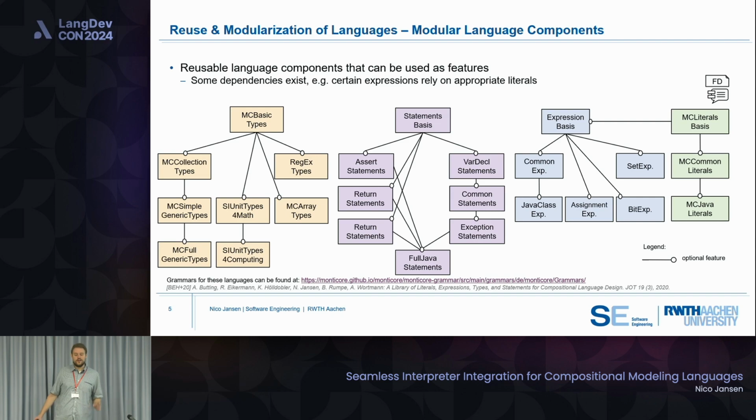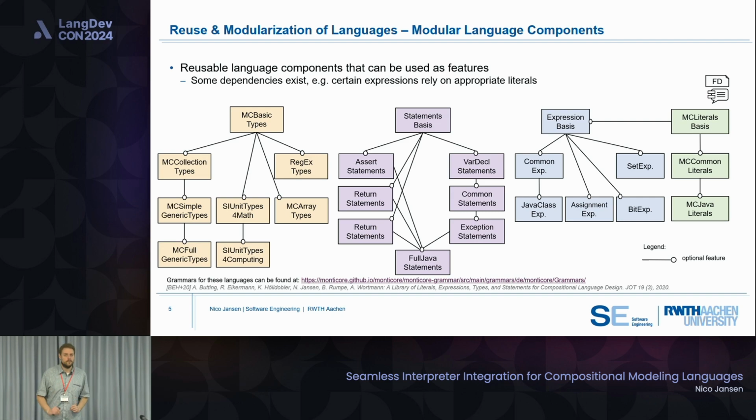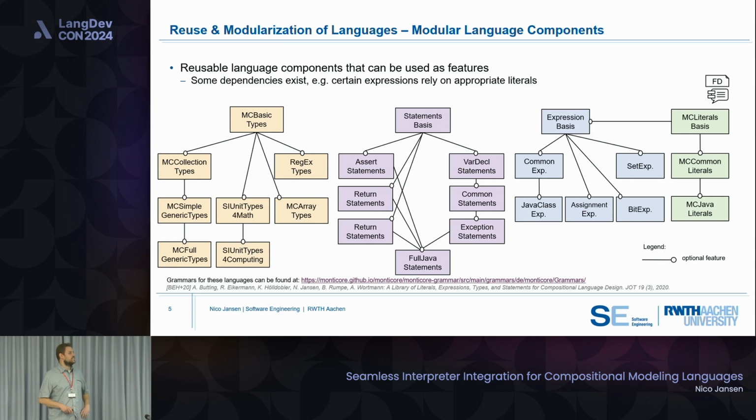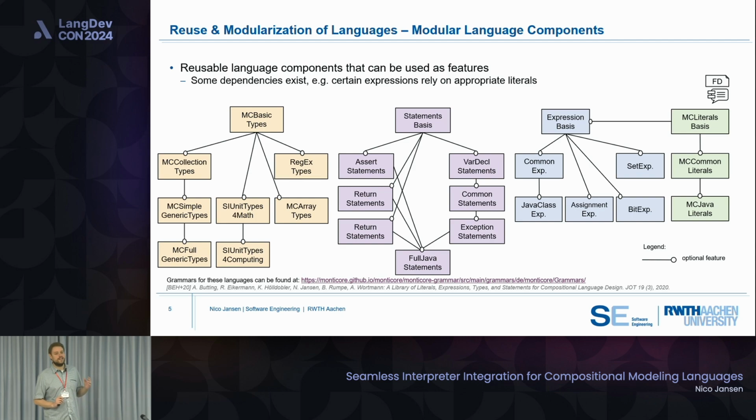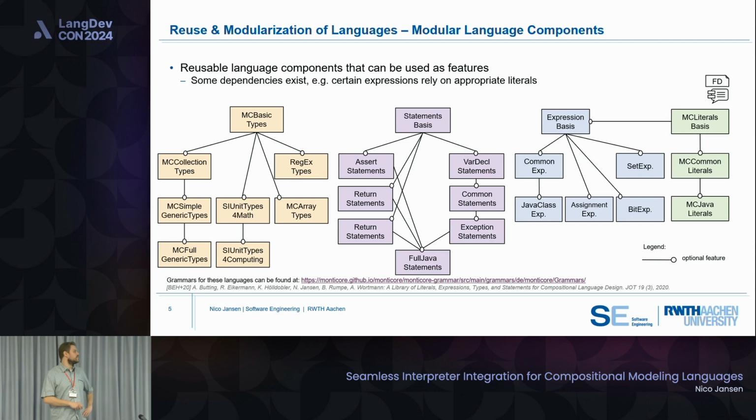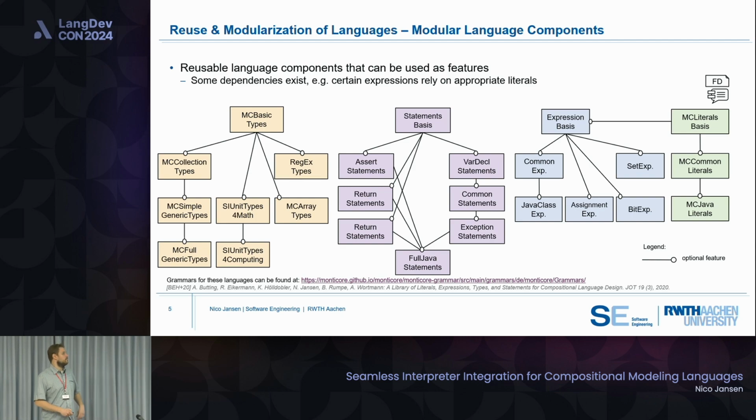What I already told you is we have a specific focus on compositional language design. What you see here is only an excerpt of a pretty large language library we built up over time. Here we have several language components, for example, covering different aspects like literals, expressions, statements, types, and so on, and also with different levels of sophistication.